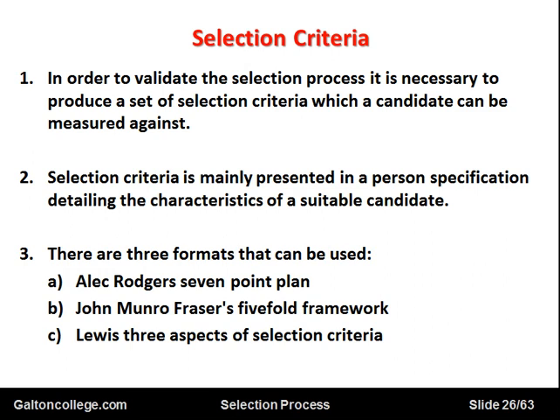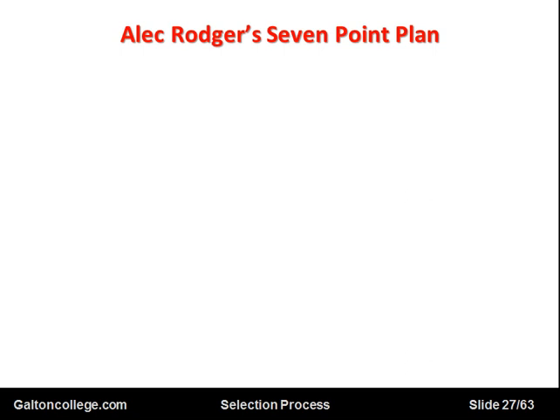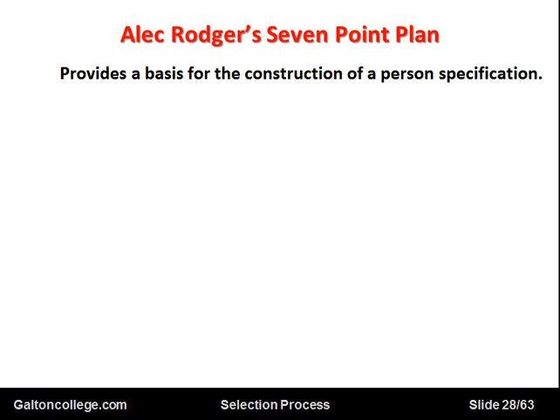We'll just briefly look at these, starting with the Alec Rogers seven-point plan. It provides a basis for the construction of a person specification. So this is a good starting point for a person specification.